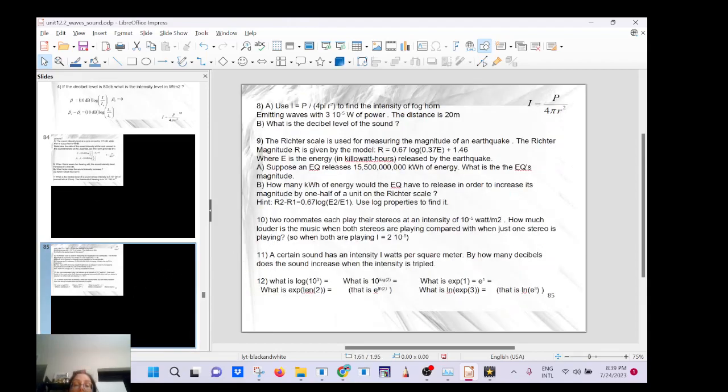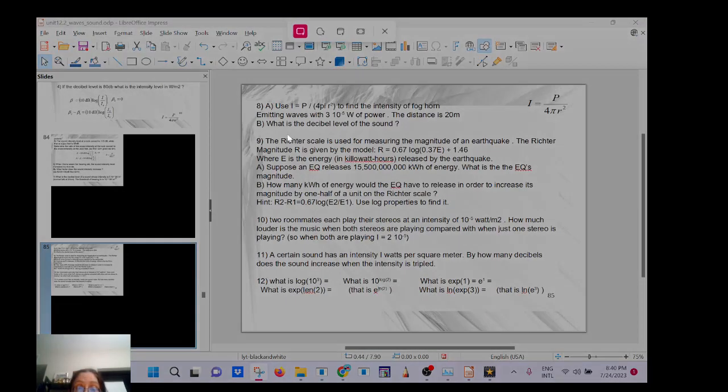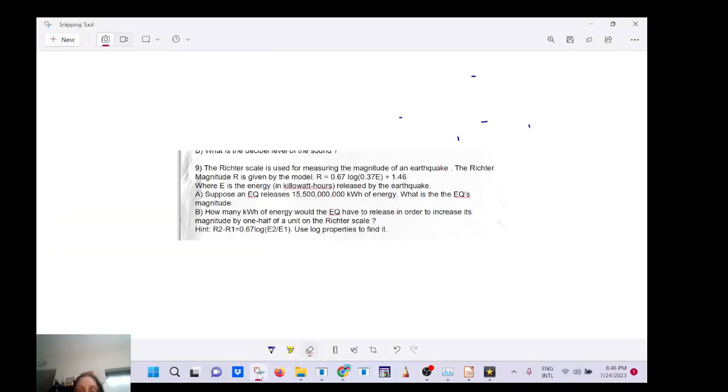Okay, so the Richter scale is to measure the magnitude of an earthquake, and it's also a logarithmic scale. It also uses log.